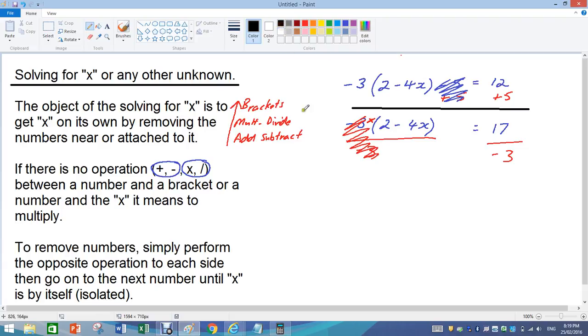So, what have we got left? We've just got 2 minus 4x. Again, we don't need the brackets because we're not multiplying them or doing anything to them. Equals 17 divided by minus 3.